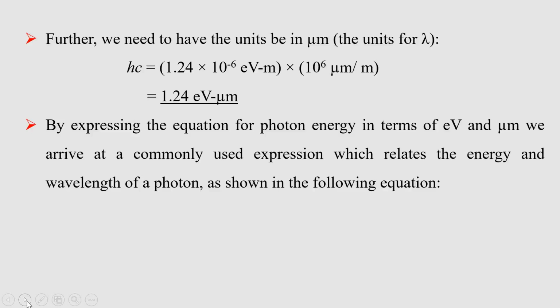By expressing the equation for photon energy in terms of electron volt and micrometer, we arrive at a commonly used expression which relates the energy and wavelength of a photon, as shown in the following equation.